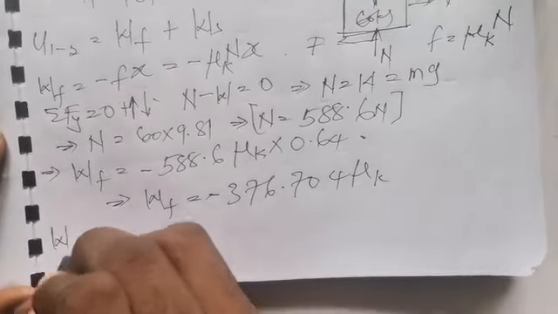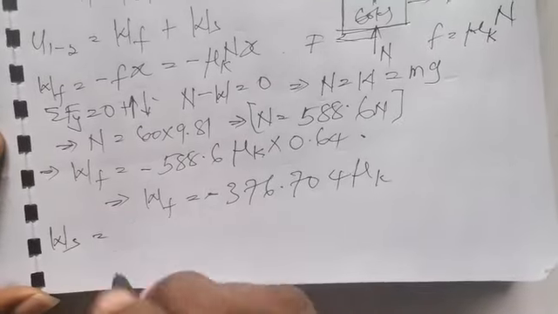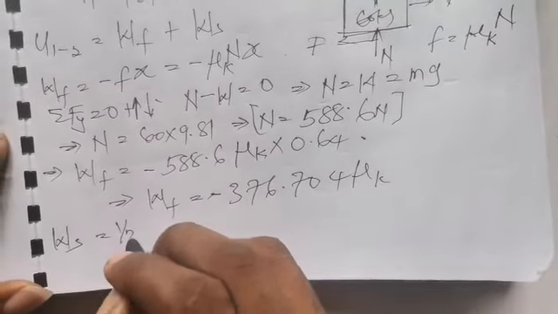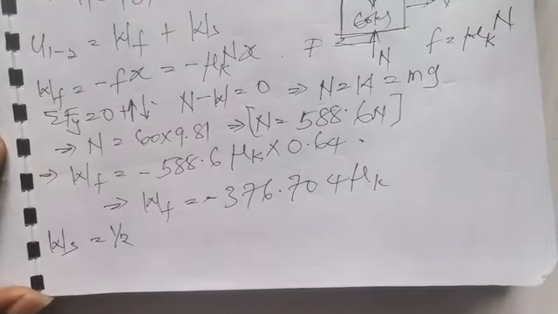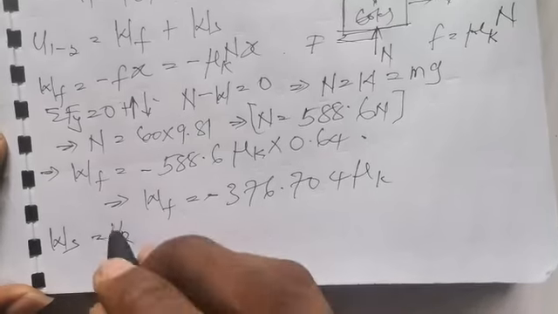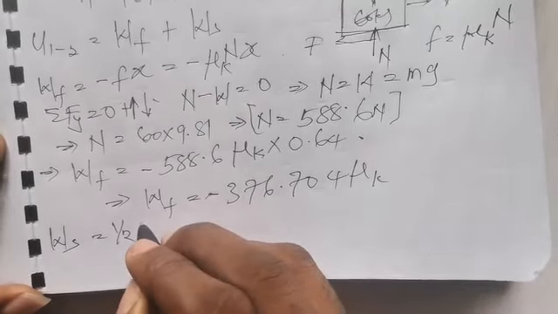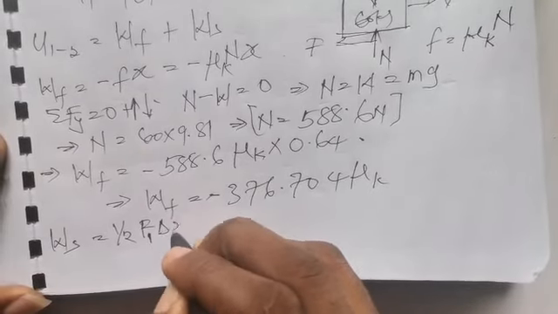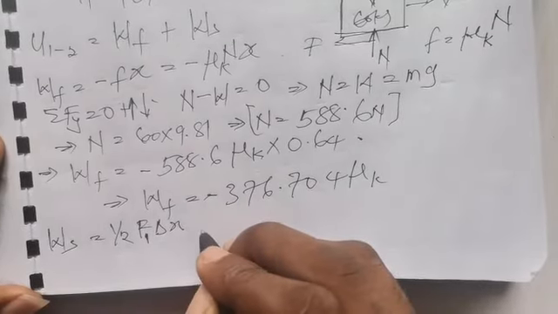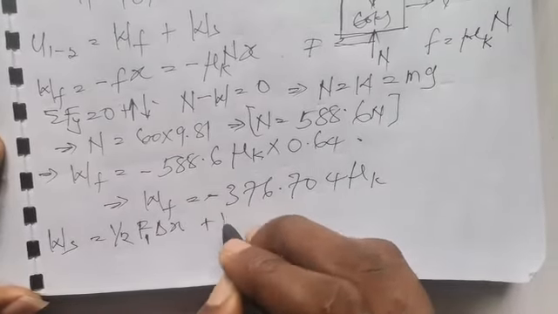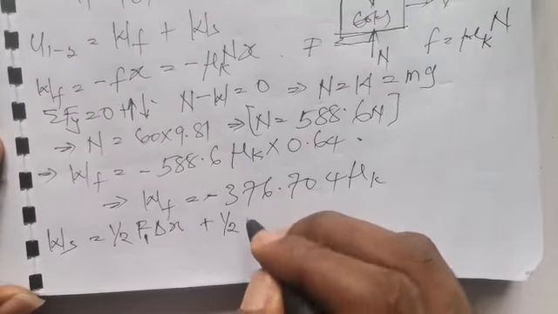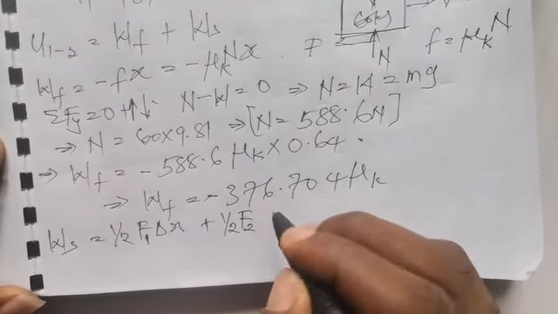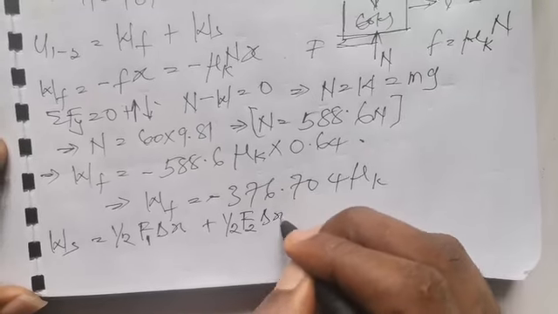So work done by spring is going to be equal to 1 all over 2. Work done in the spring is stored as potential energy. And it's simply given as 1 all over 2 times the first spring force times maximum deflection x, plus again 1 all over 2 times the second spring force F2 times maximum deflection change in x.